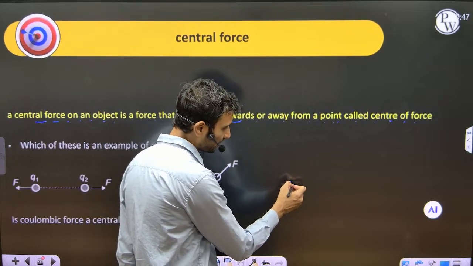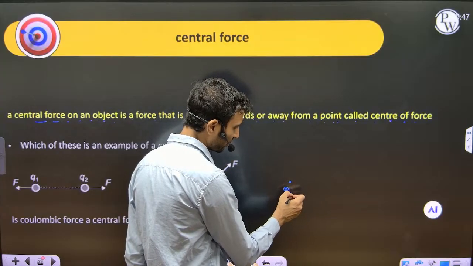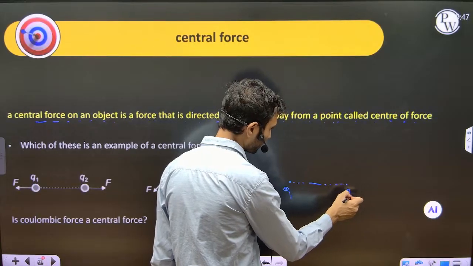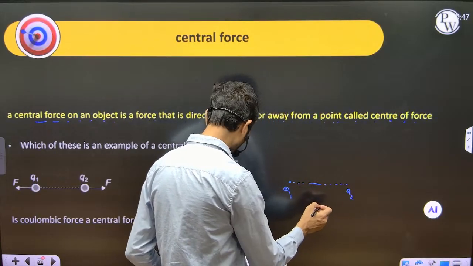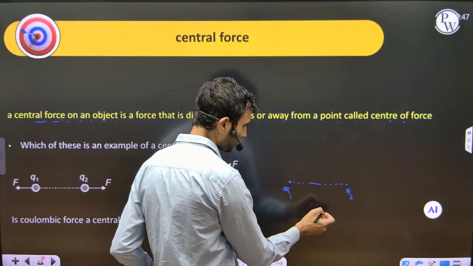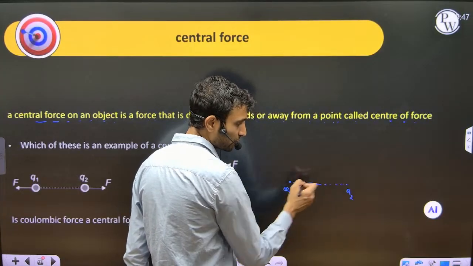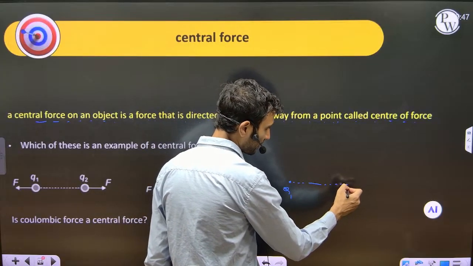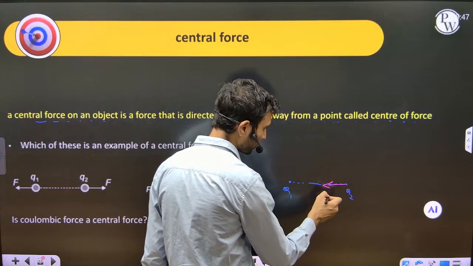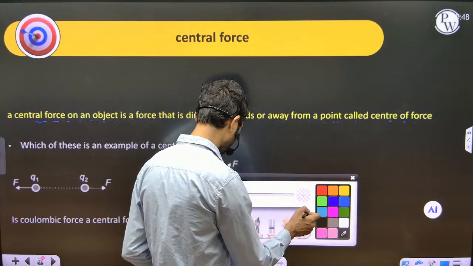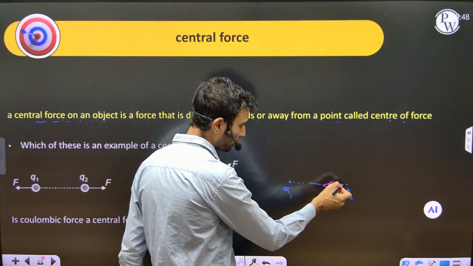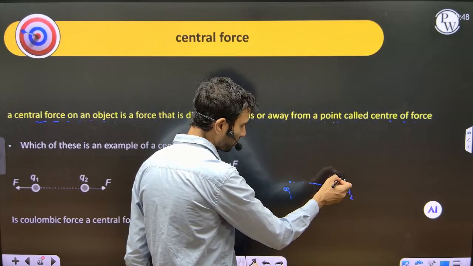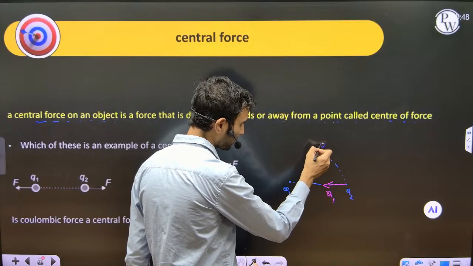Let's say there is a point here, q1, and there is a point here, q2. The force on q2 will be in which direction? It will be along the line joining the two charges. Let us say it is towards q1, and then q2 moves from here and comes here.